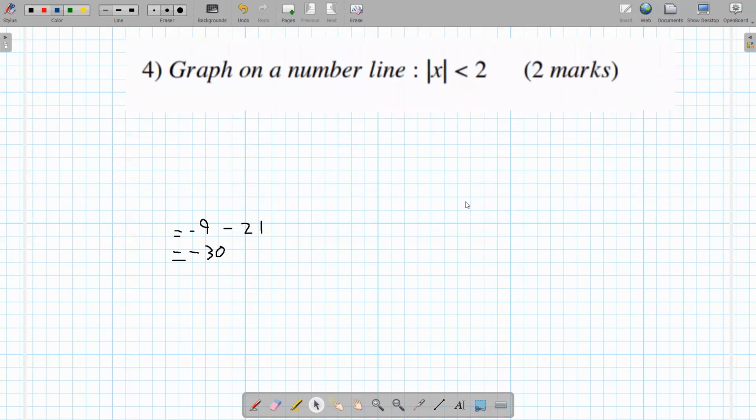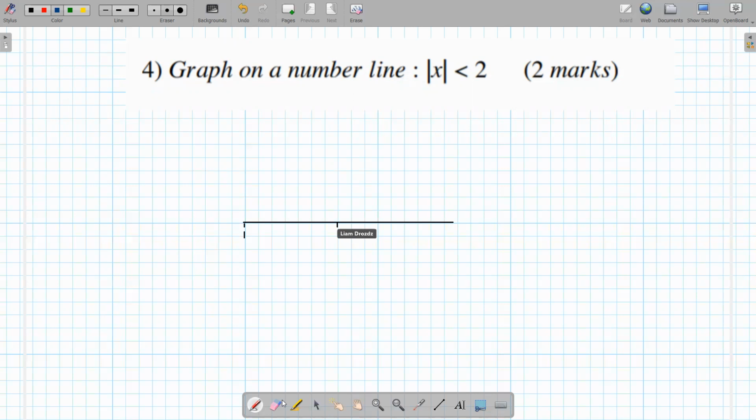This one says graph on a number line. Do they mean just like one of these? Yeah, exactly. That's all they want. Wait, isn't it normally 0 in the middle here?